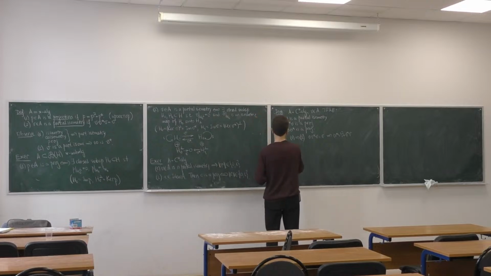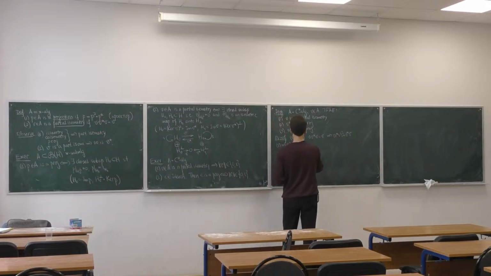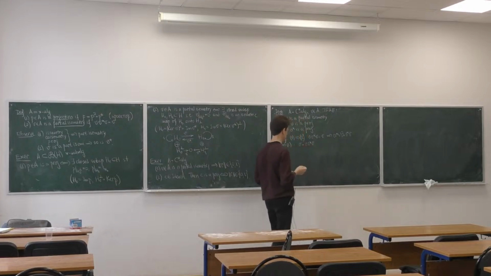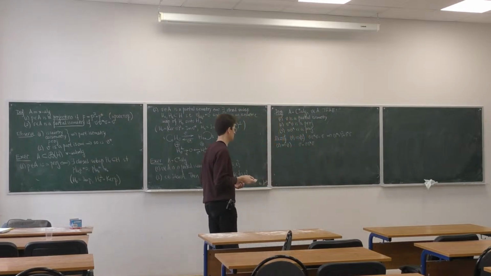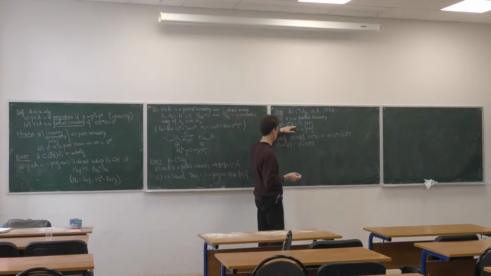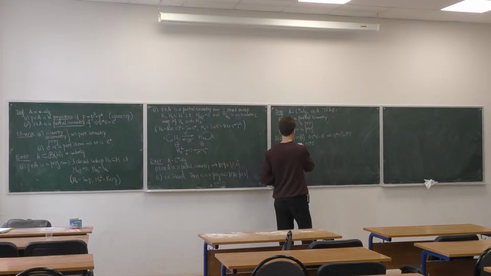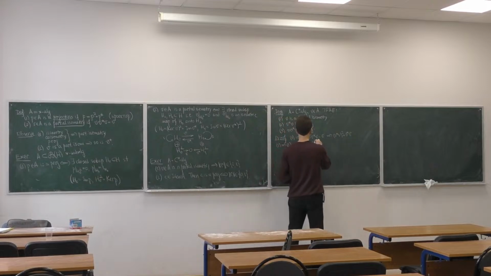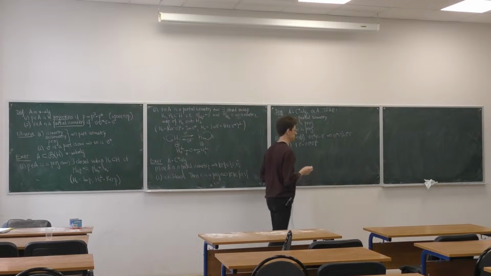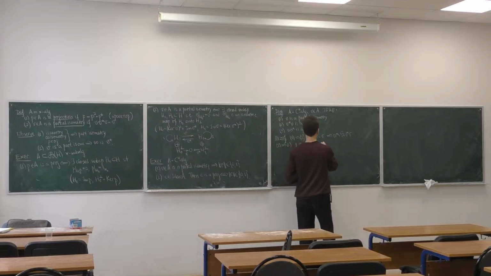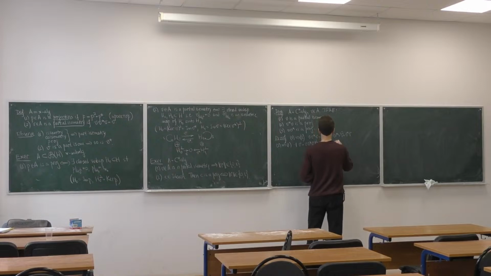To prove that 2 implies 1, we use the C-star property. So we want to show that the element v minus v v star v is 0, which means that v is a partial isometry. So we assume that v star v is a projection, and we want to prove that this is 0. So let's calculate the square of the norm, by using the C-star axiom. So first of all, this can be written as v times 1 minus v star v.